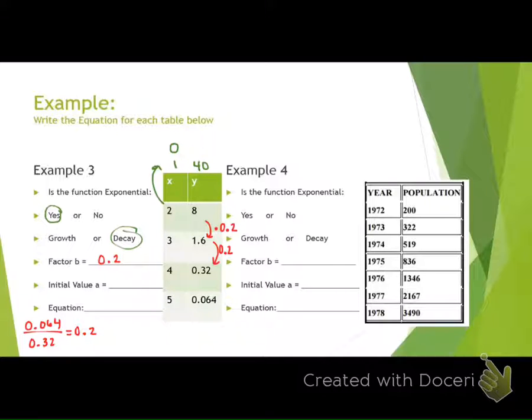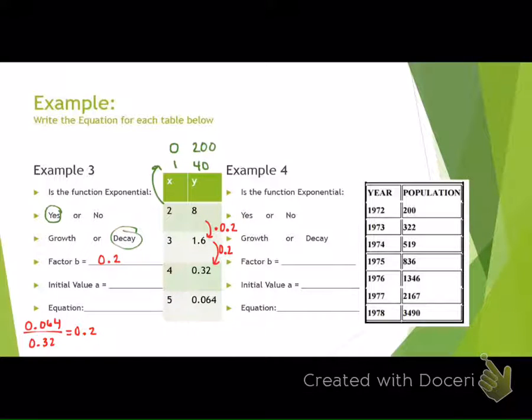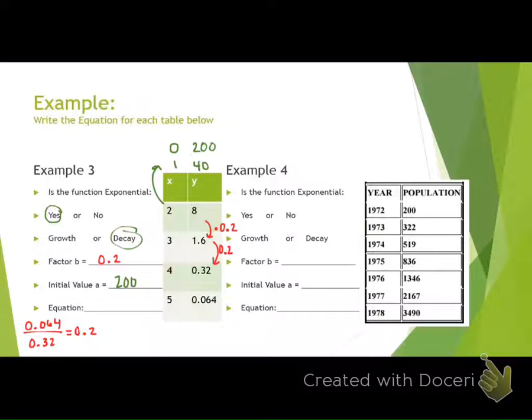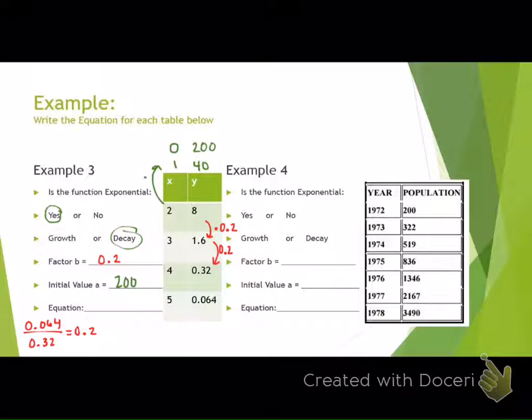Okay, and then did we find our y-intercept yet? No, so we have to do 40 divided by 0.2. What's 40 divided by 0.2? Good job. So you were right, Sarah. But we do need to understand how to do it. If you need to work backwards, you must use division, because the inverse of multiplication is division.